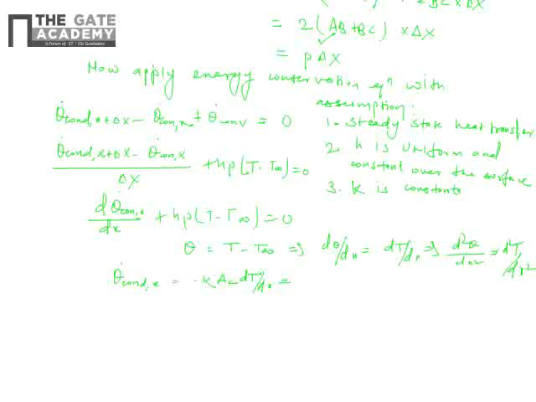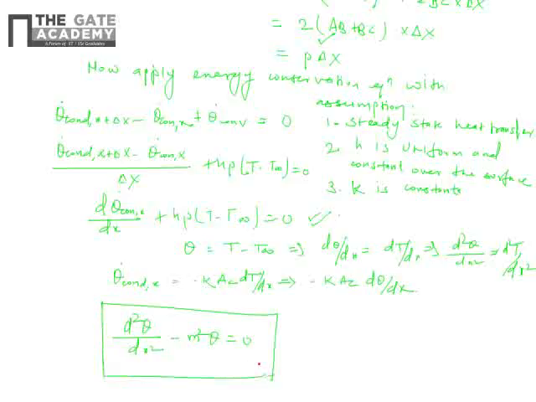This implies minus K AC d theta upon dx. So if we substitute all these values in this equation, we will get d2 theta upon dx square minus m square theta is equal to 0. This is known as the fin heat transfer equation or fin equation. Let us say this equation is 4.